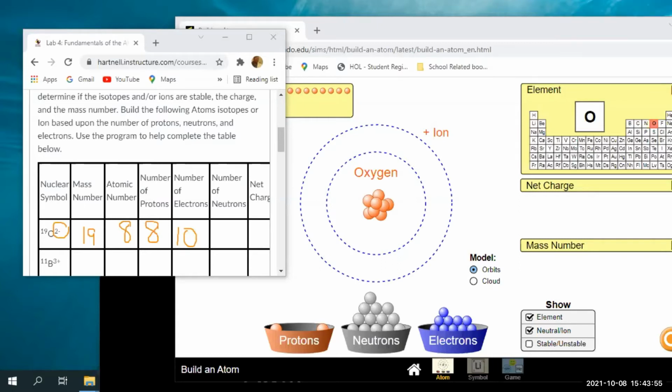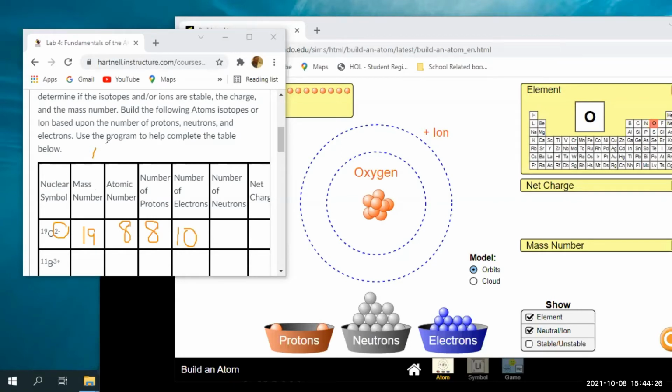Yes. Okay, so the next part is the number of neutrons. So how can I calculate the number of neutrons that this guy has? Isn't it like the mass subtracted by like the number of protons, right? That's right. It is the mass, or our mass number, subtracted by the number of protons, right?